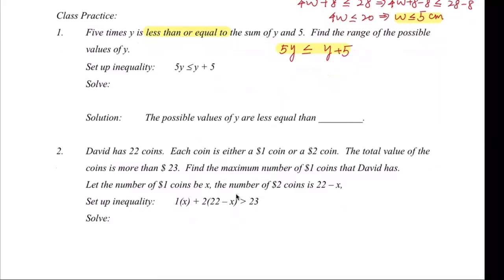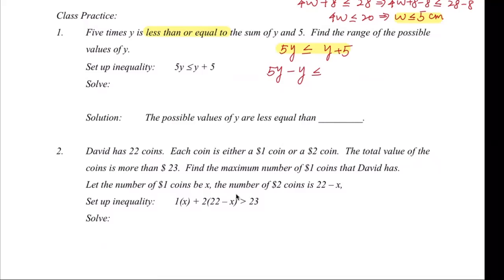So here you can treat y as a real number, right? Because y technically is a real number. Y represents some kind of real number, you just don't know what it is. But after all, it's a real number. So here you can subtract y from both sides of the inequality. So 5y minus y, and the sign doesn't change because we're not multiplying or dividing a negative number on both sides.